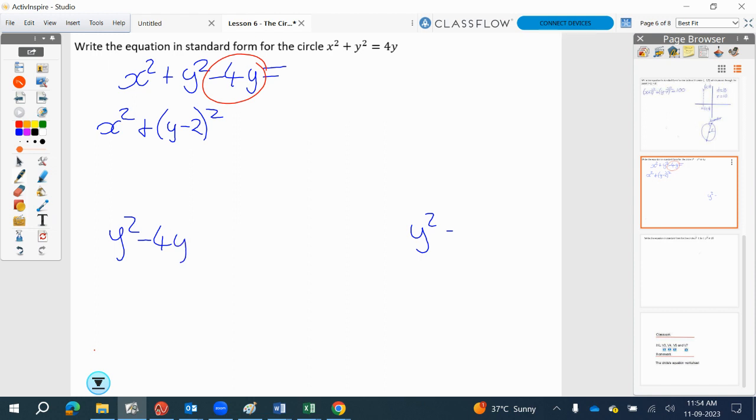We want that expression to balance with this expression. But at the moment they don't, do they? This one's bigger, isn't it? We've got an extra 4. So let's take it away.